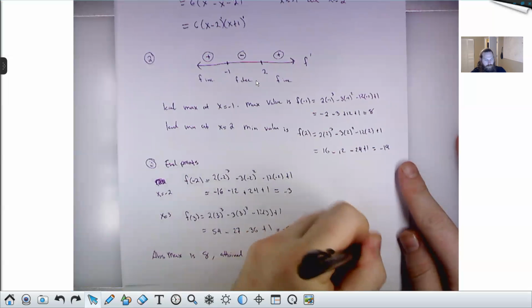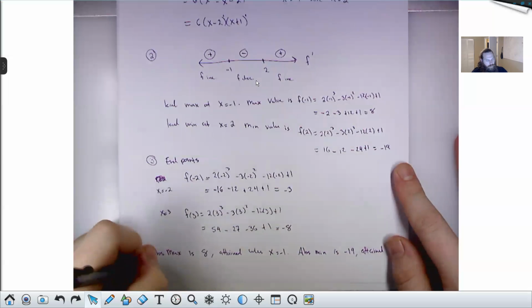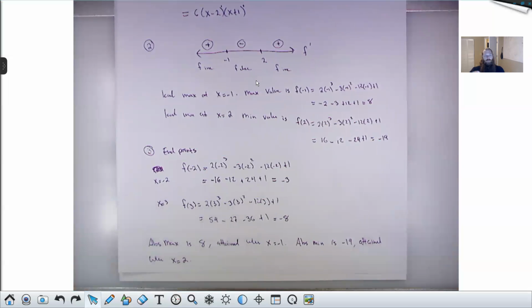And that's attained when x equals +2. And there are no other extrema. This absolute max, of course, is also a local max. This absolute min, of course, is also a local min. But that's it. That's the game.